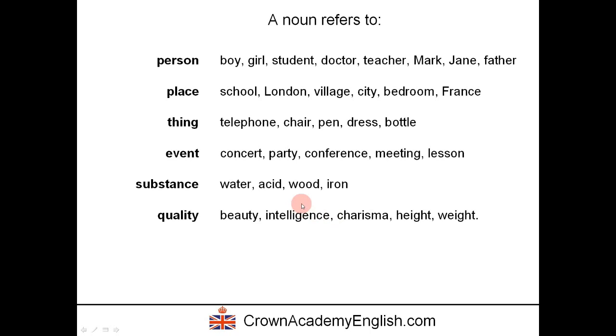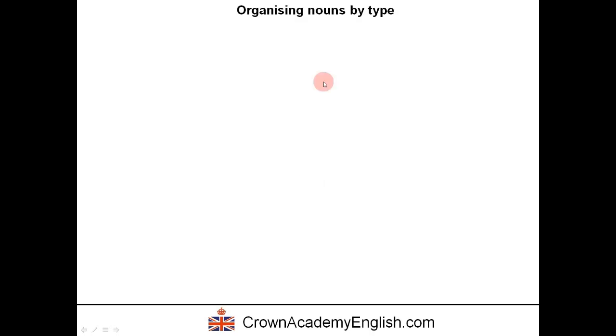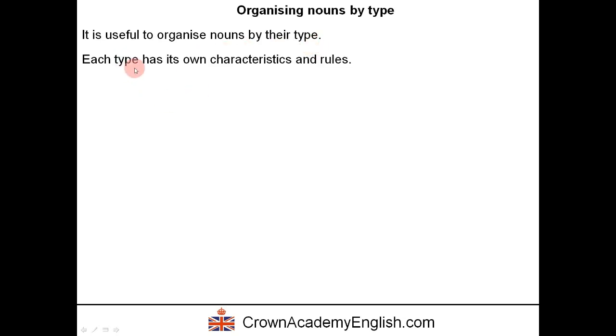Okay, so we're now going to organize nouns by type. We're organizing them to help us with the grammar. It is useful to organize nouns by their type. Each type has its own characteristics and rules.